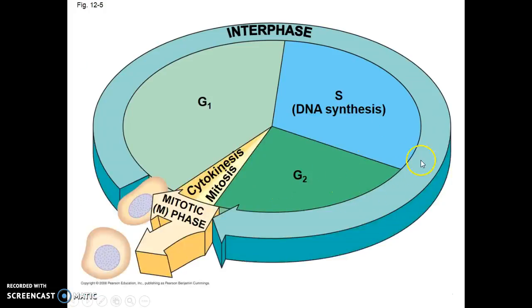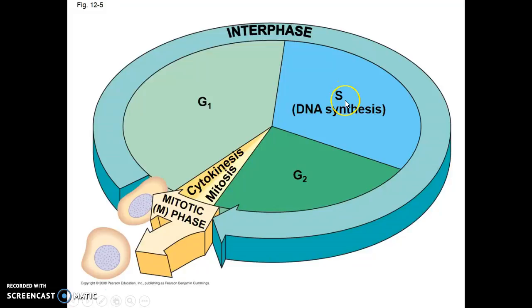Here's the cell cycle again. We have the interphase, which covers 90% of the cell cycle. We have the G1 phase, when the cell grows. When we say growth of the cell, it means more protein is made in preparation for duplication of the chromosomes in S phase.